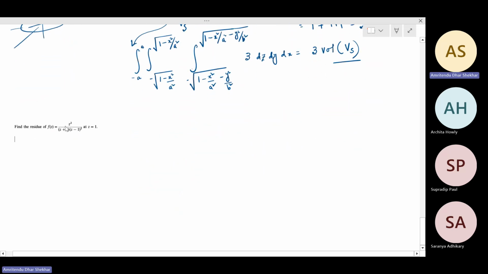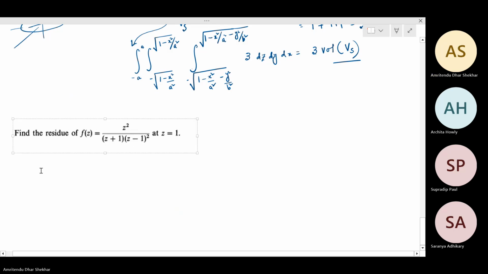Going over to a different topic, which is complex analysis. Find the residue of this function f(z) at z equals 1.